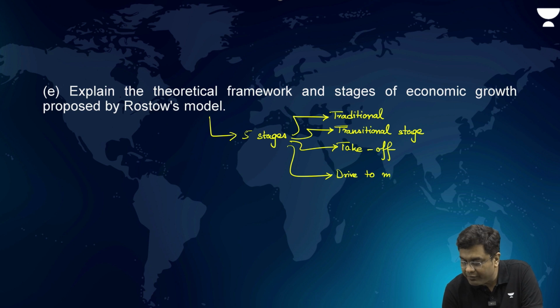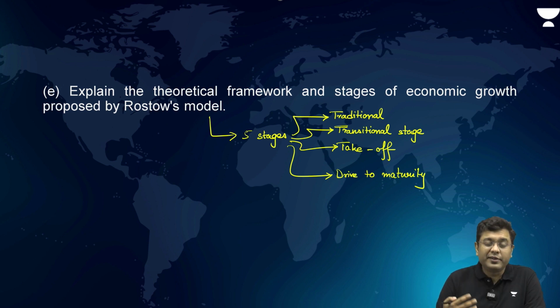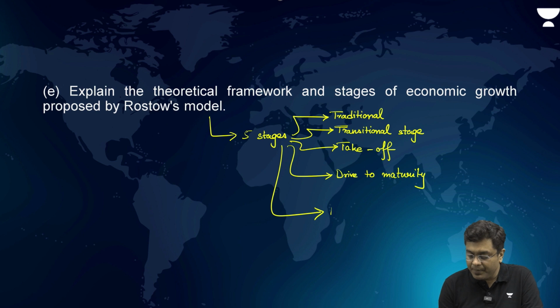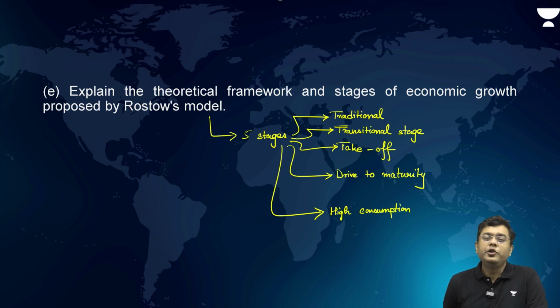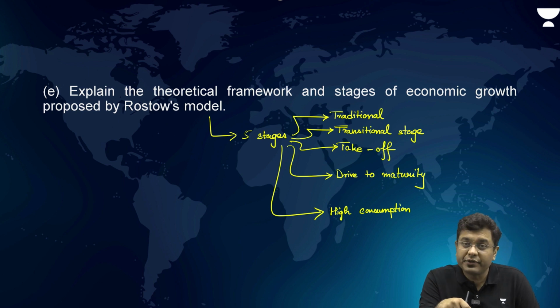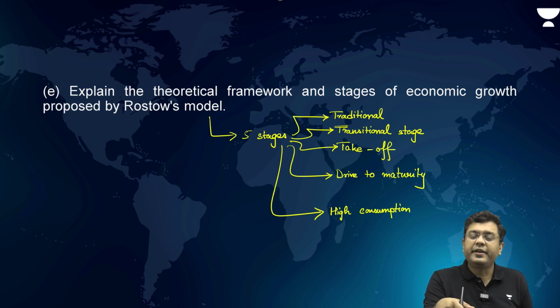So when you have the drive to maturity, per capita income increases. That is where the social living standards become better. Then after that, high consumption. Because of rising per capita income, you have diversification into the services sector, more services sector growth, and that is where the eventual economic growth is driven from.